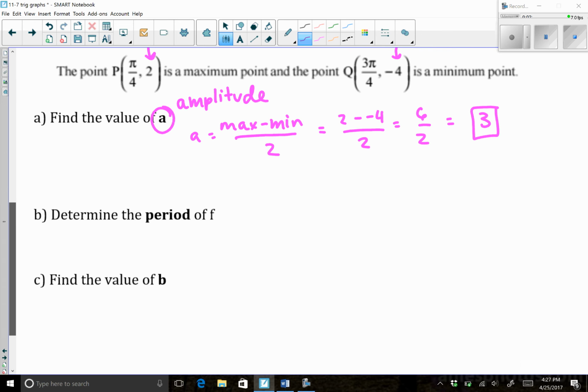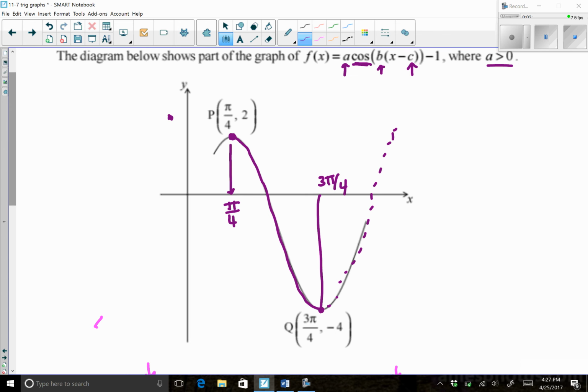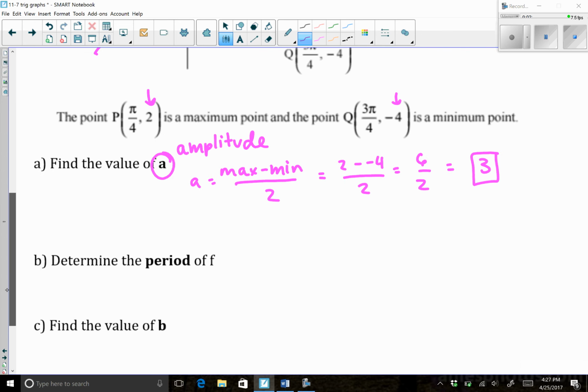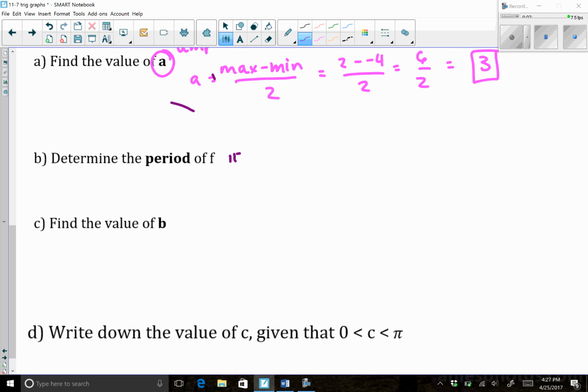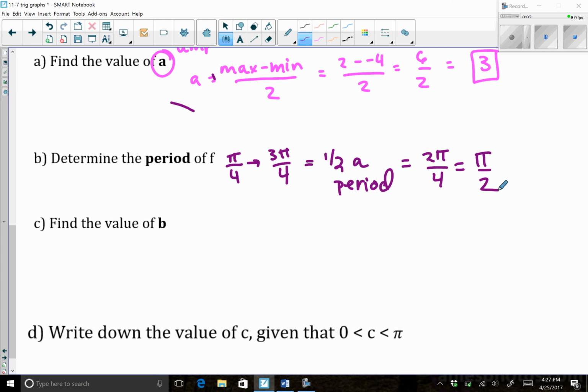Pi over 4 to 3 pi over 4, that's half of a period. So the space that's displaced between pi over 4 and 3 pi over 4, well, that's 2 pi over 4 in between, or pi over 2.